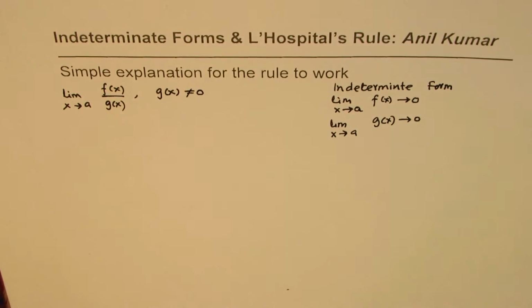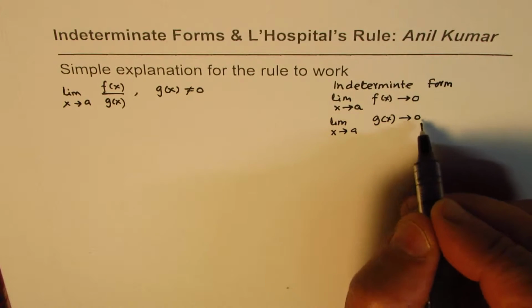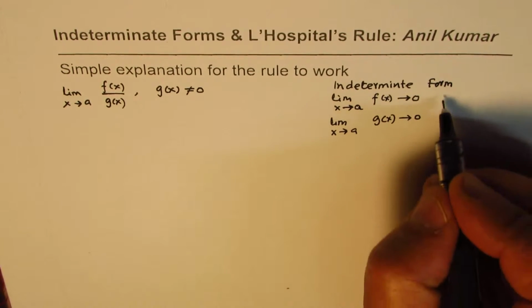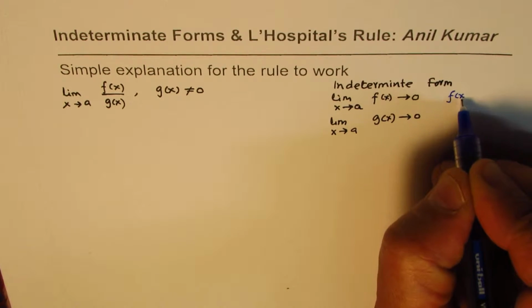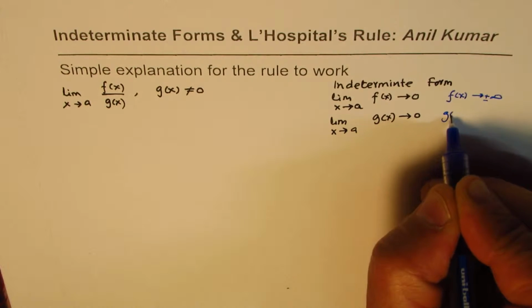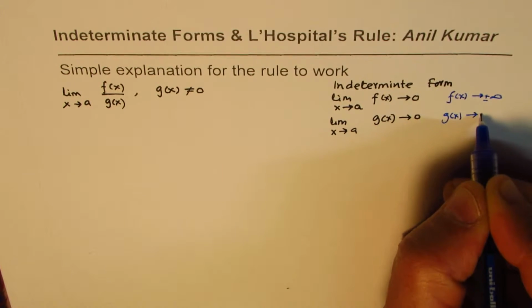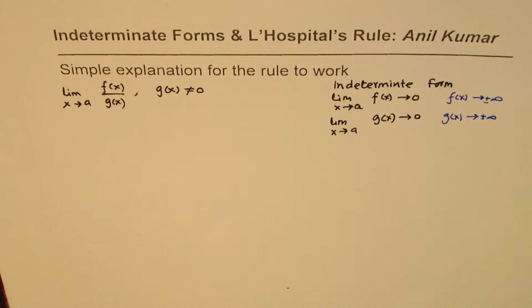Now, it could be both approaching 0, or the second case could be where they are approaching infinity. It could be plus or minus infinity. So in either case, we have an indeterminate form.